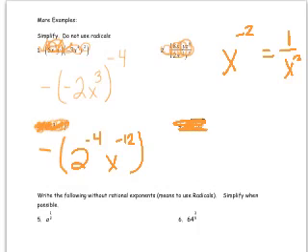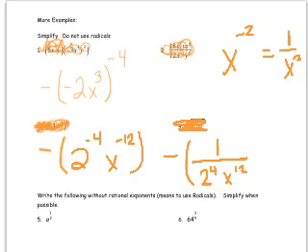I do not like negative exponents. You don't like negative exponents. So we have to put this stuff on the bottom. I still have this negative on the outside. If I'm putting this stuff on the bottom, I now have 2 to the 4th on the bottom and x to the 12th on the bottom. Remember, when you put them on the bottom, there's no longer a negative sign. If I put everything on the bottom, what's on top? 1.